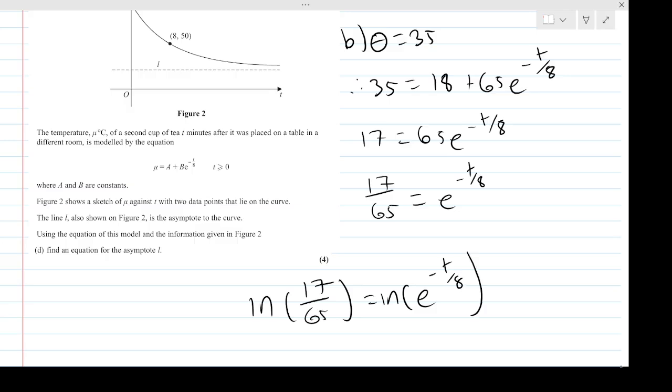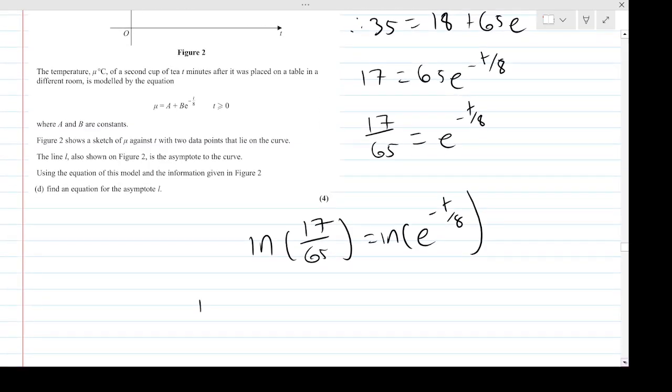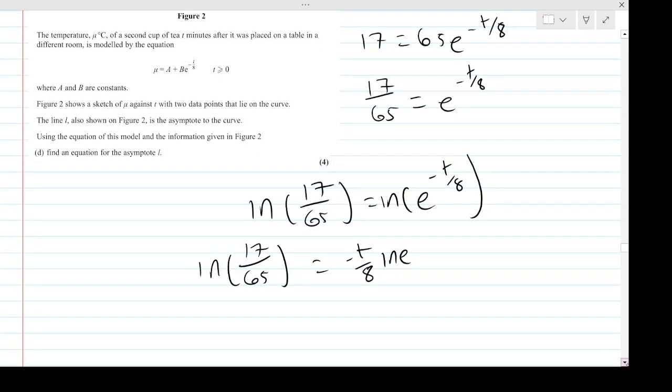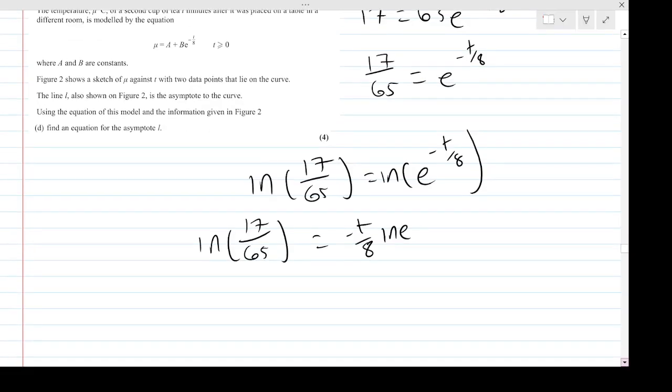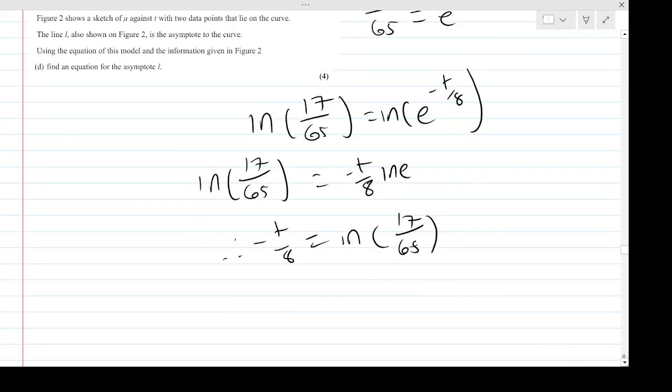And again, then I can bring the power of e to the front. So ln 17 over 65 is minus t over 8 lots of ln e. Well, again, ln e goes to 1, right? So that means simply minus t over 8 is ln 17 over 65. Right, so then I can times by minus 8 to both sides to get rid of the fraction to get t.